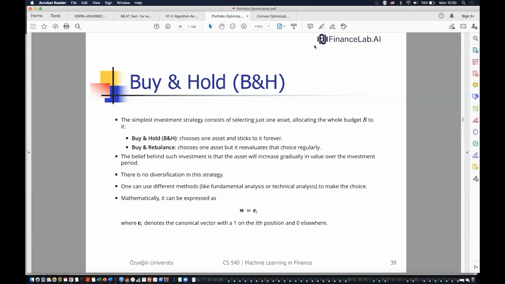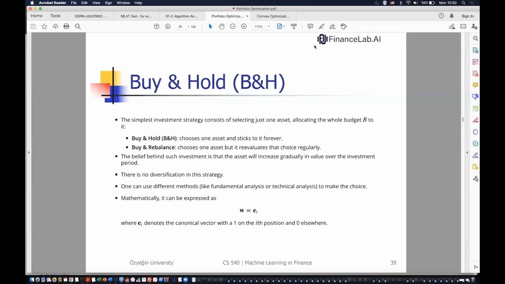For instance, we choose an asset, we observe the asset over a month, then after a month, if we think that the asset didn't perform that well, or if we have another asset that we think will perform better, we replace the portfolio with the new asset, or we keep the portfolio. In buy and hold, we choose one asset and stick to this asset forever. So we buy an asset and we hold it, and we get the return from just one asset.